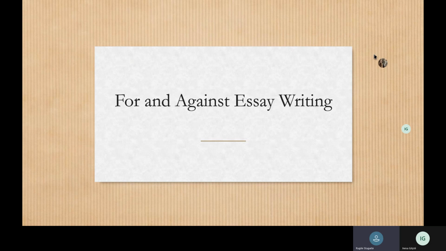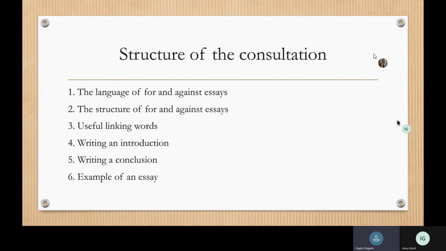So today, me and Inessa will try to give you some insights on writing a for and against essay. The structure of the consultation is that first we will tell you what the language of a for and against essay is. Then I will move on to the structure of the essay.